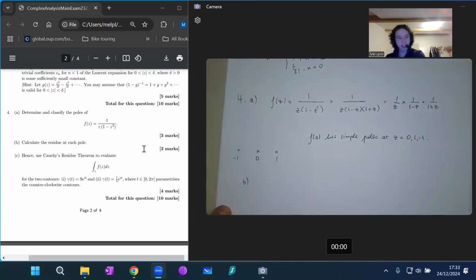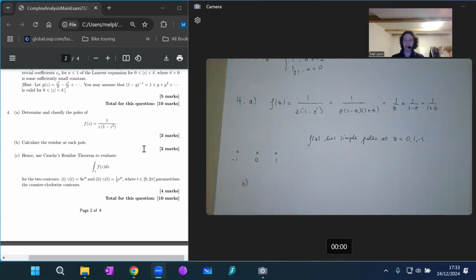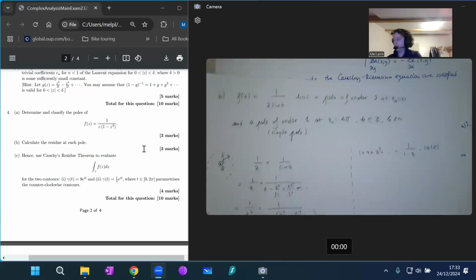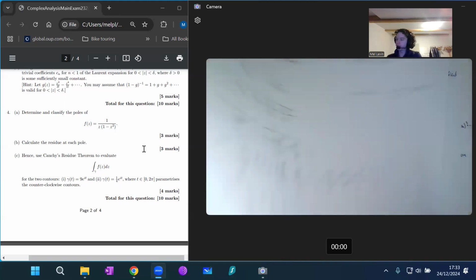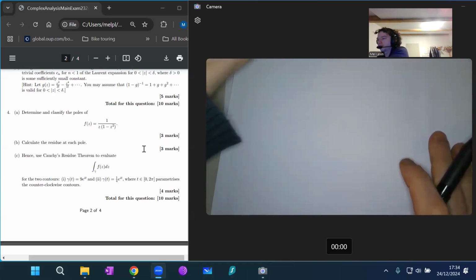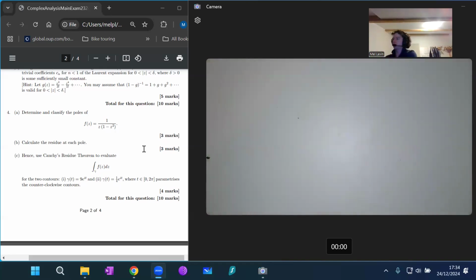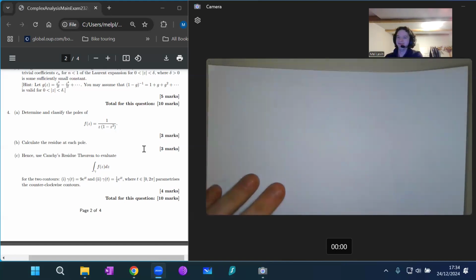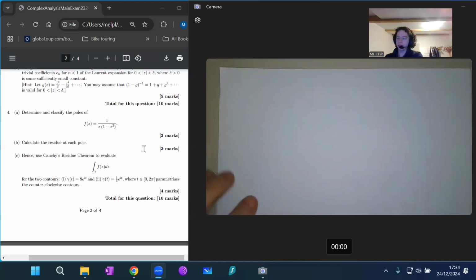Okay, B. Calculate the residue at each pole. Let me actually go to a new page. Okay, so what is the residue?